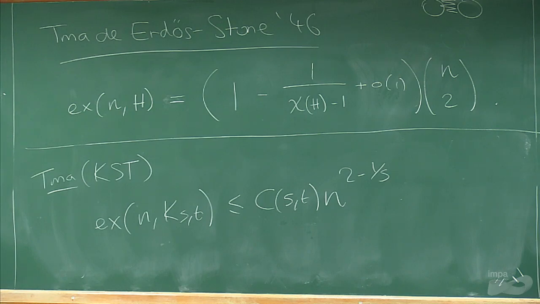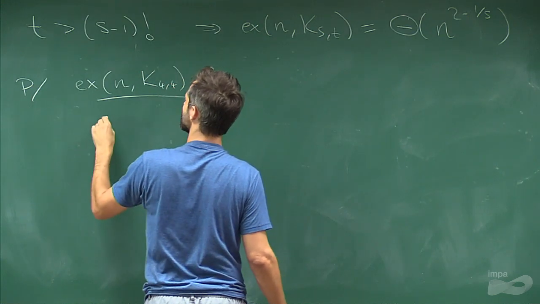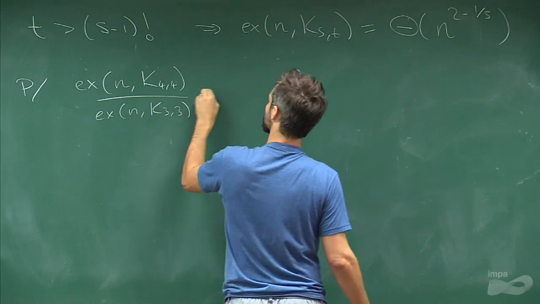And if s is large, it's not known. An open problem: prove that the extremal number of K_{4,4} over the extremal number of K_{3,3} goes to infinity.